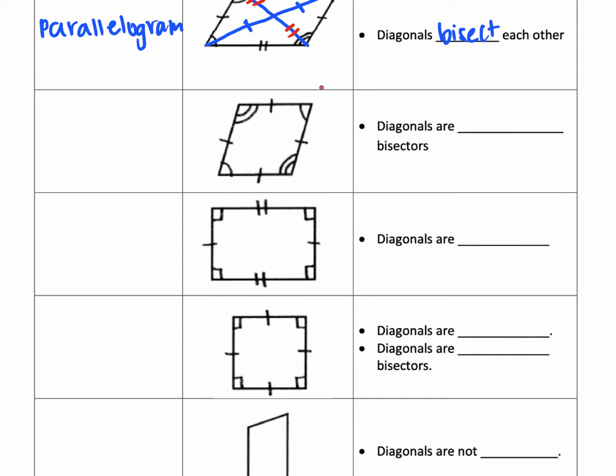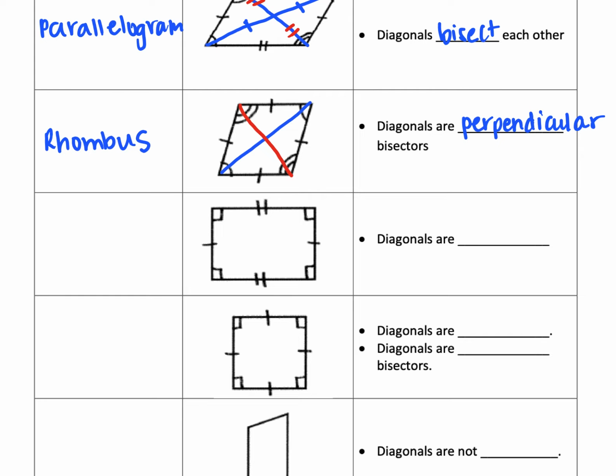Now our next shape has opposite angles that are congruent and all sides that are congruent, so this will be a rhombus. And diagonals here are perpendicular bisectors, so it's a different type of bisector. So it's going to still have the two lines across from opposite angles.